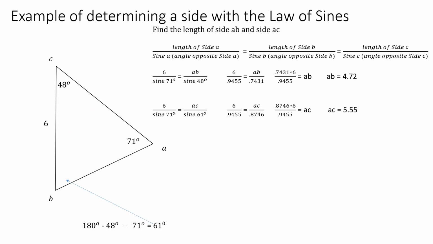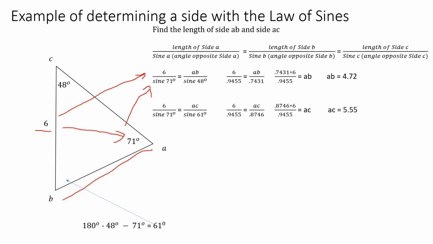Let's do another one here. I know I have a side of 6, and the opposite of that is 71 degrees. So it's going to be the side of 6 over the sine of 71 degrees. And I want to figure out my AB, this length right here, and the opposite of that is 48 degrees.